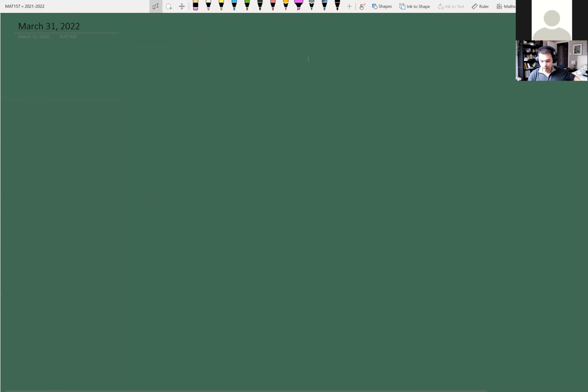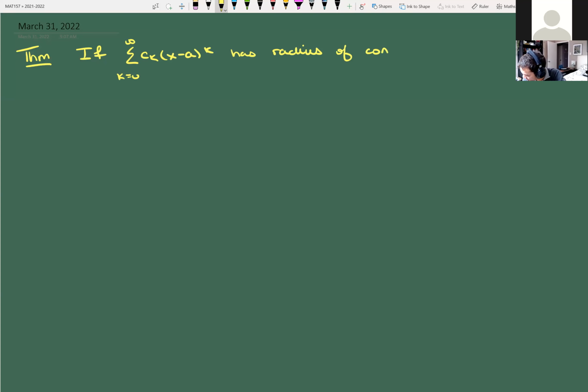Here, I need the theorem statement in front of me because one of them is slightly different and it's kind of annoying that way. So, theorem. Let's say the sum of c_k x^k, k equals 0 to infinity, has radius of convergence R, and we define a function like this.